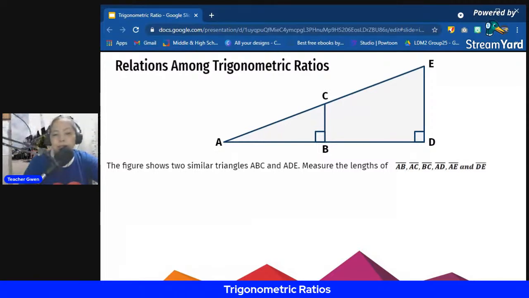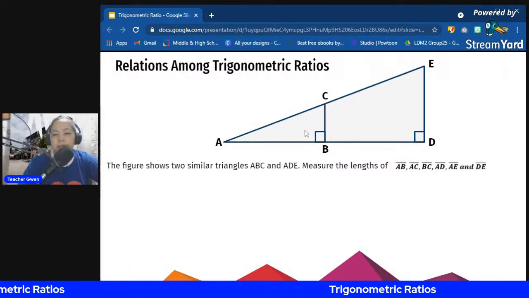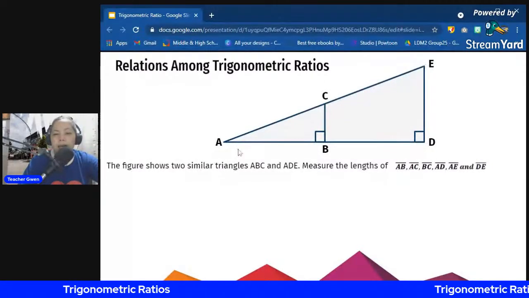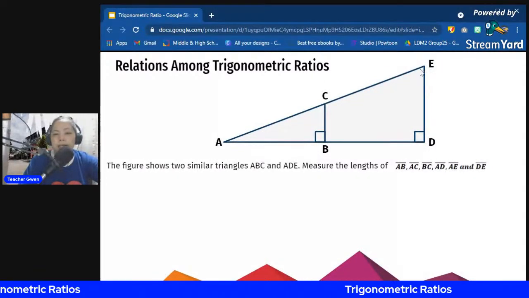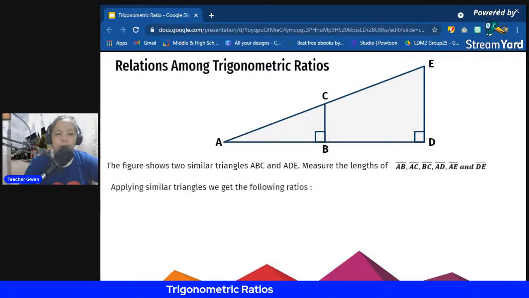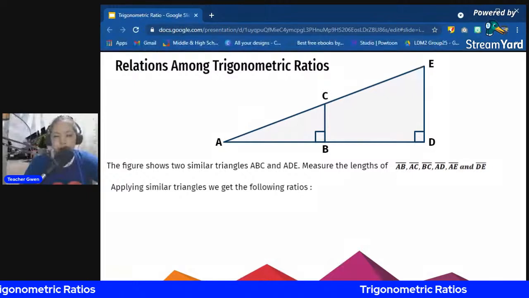Measure the lengths of segments AB, AC, BC, AD, AE, and DE. Applying similar triangles, we get the following ratios.